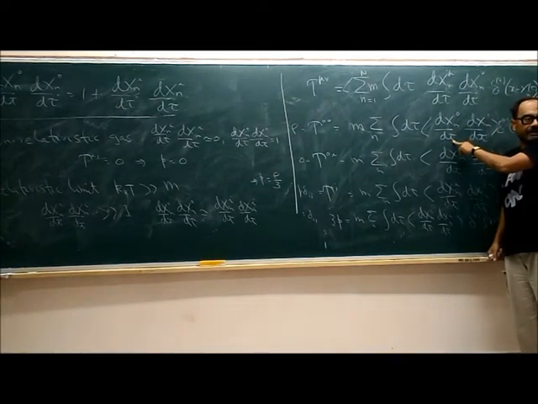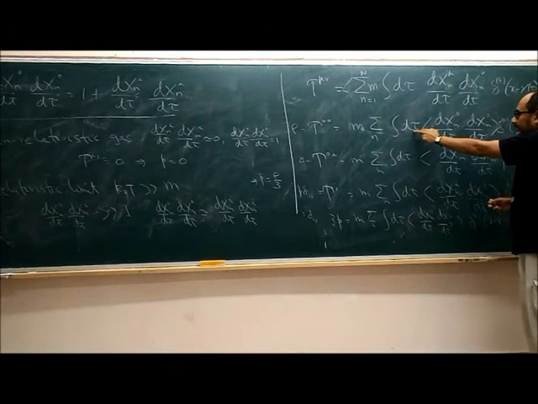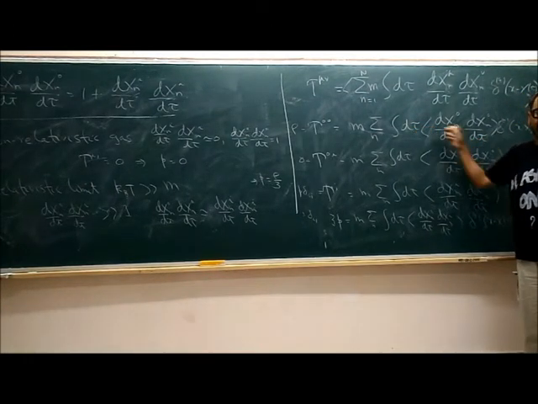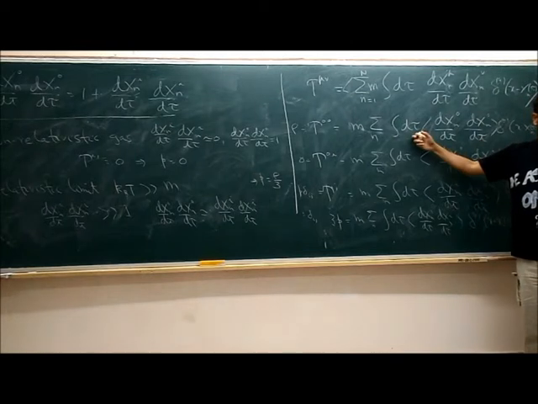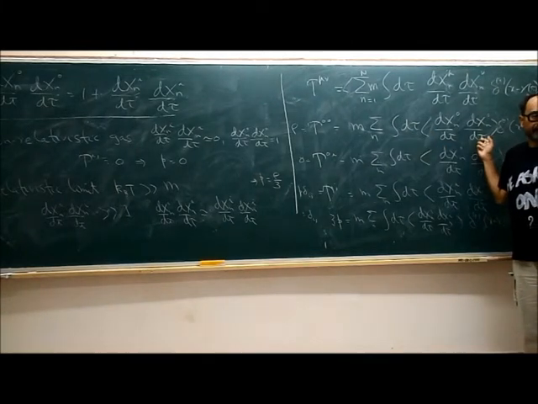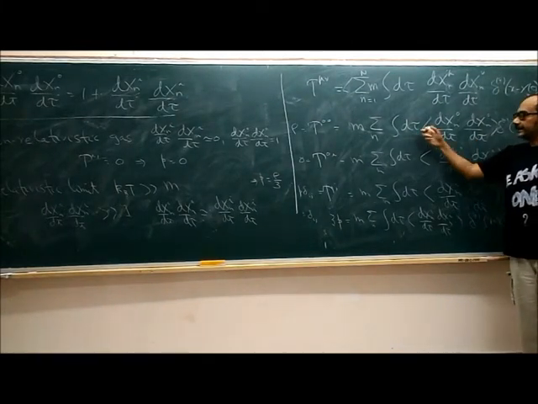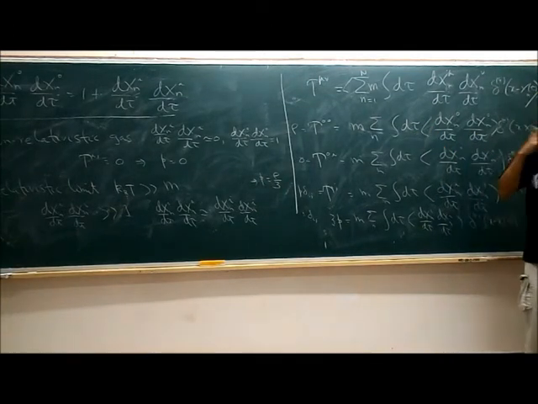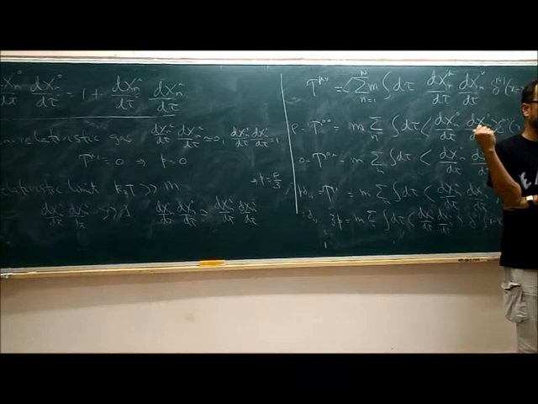M dxn d tau is the momentum component. Then there is an integral over d tau and dx d tau. You can change this to any affine parameter u, because there is one d tau factor upstairs and one downstairs. For the photon d tau is 0, so it doesn't make sense as it stands.